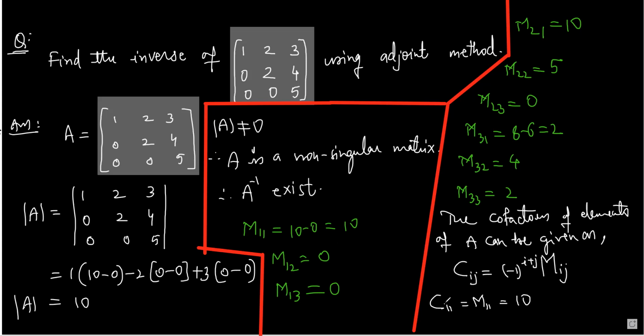Remember students, if i plus j, that is row number plus column number, is even, then the cofactor of that element is same as the minor of that element. So C11 is M11. Next, C12 is minus M12. C13 is M13. 1 plus 3 is 4, so same, even number.